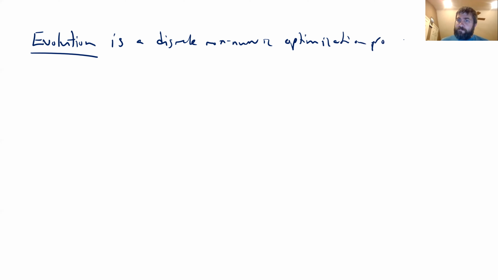If we think of it this way, perhaps we can learn from the algorithm of evolution to design an algorithm that we can use to solve problems like this. And this idea leads to the concept of what we call genetic algorithms.